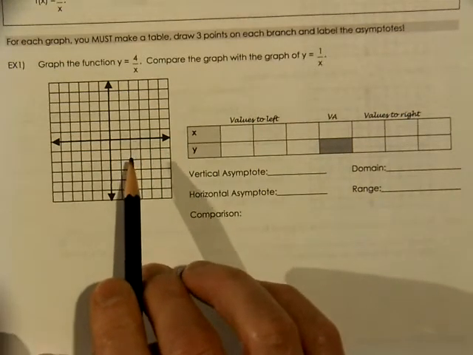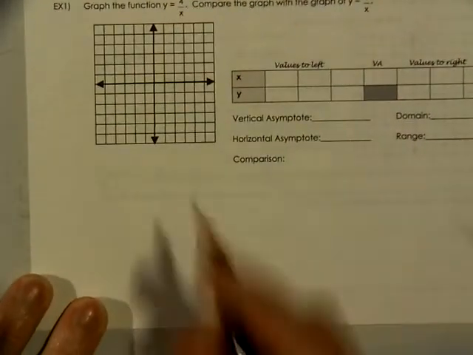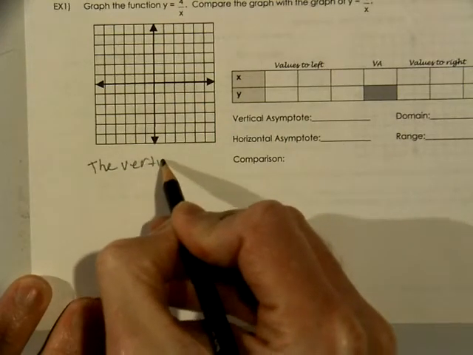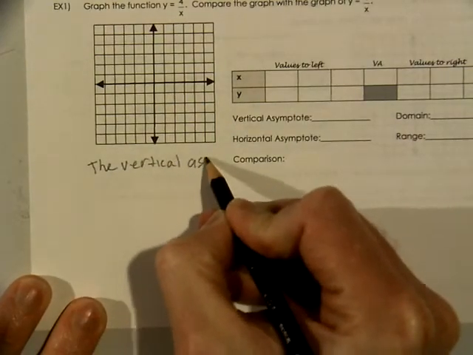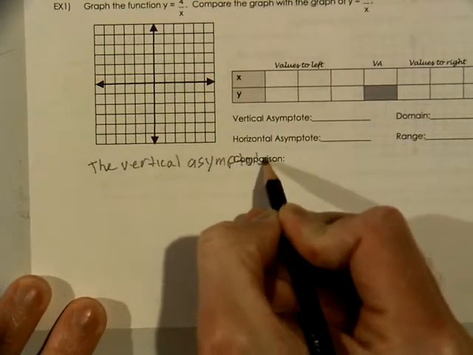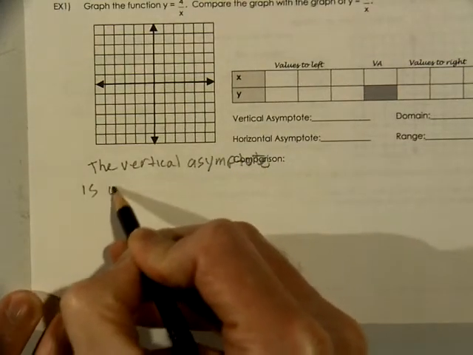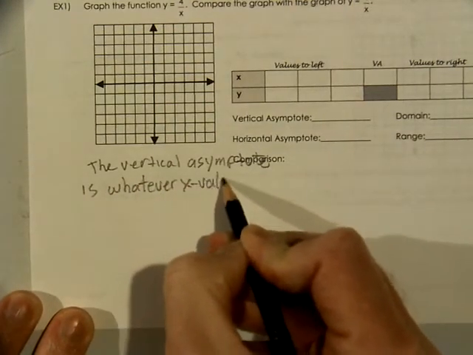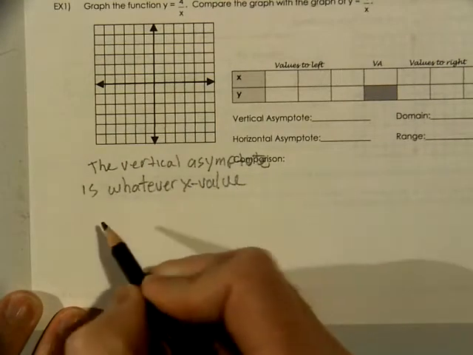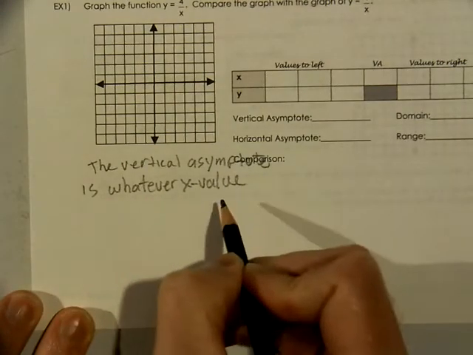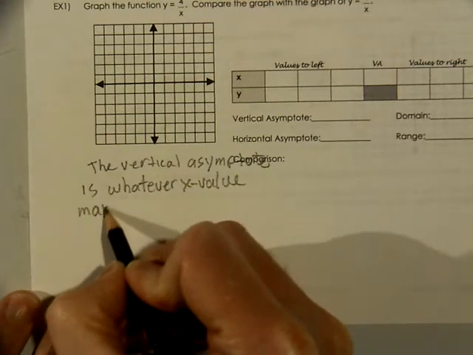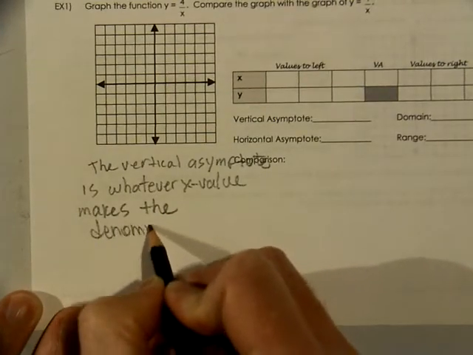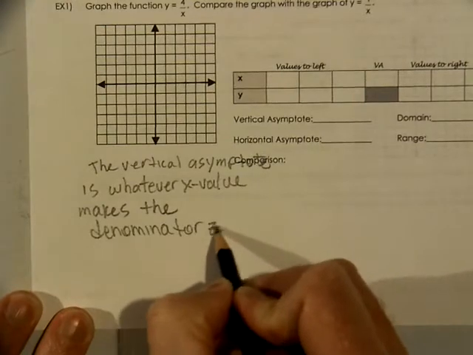The first thing we'd want to do is identify our vertical asymptote. The vertical asymptote is whatever x value makes the denominator 0.